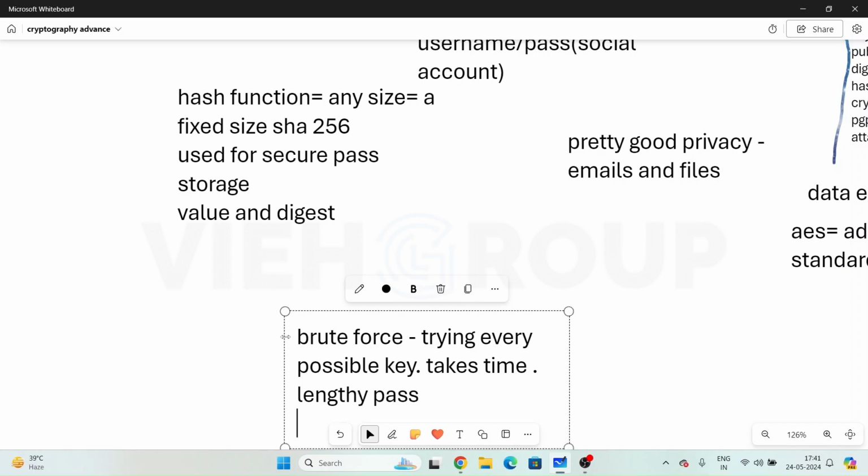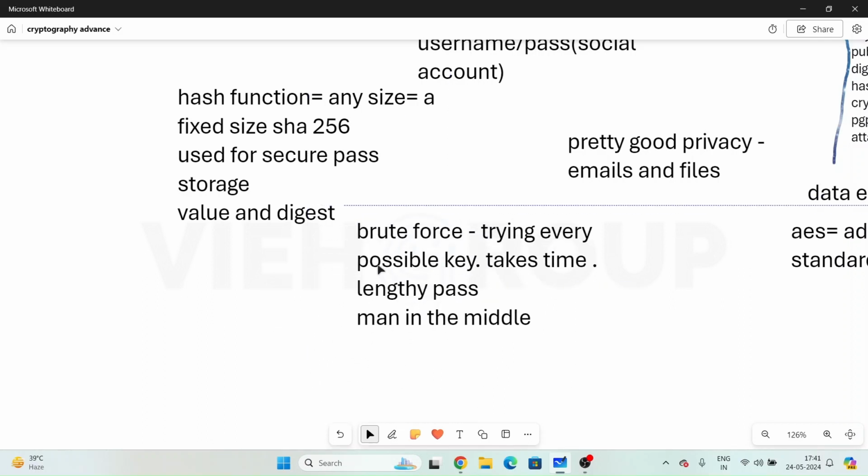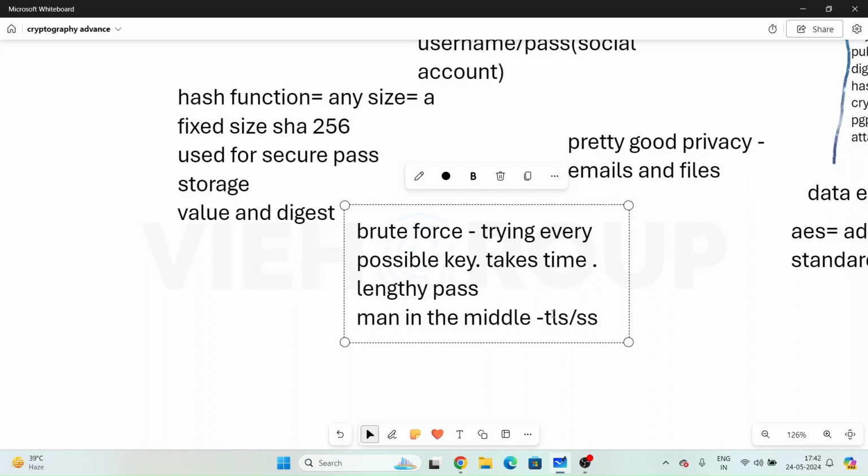The second one is man in the middle. TLS and SSL help to protect against this.